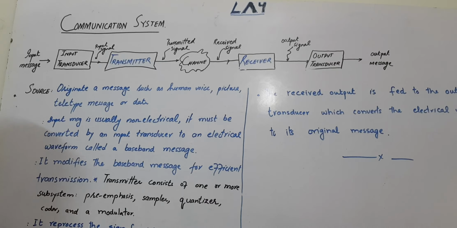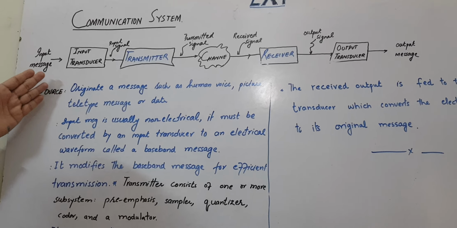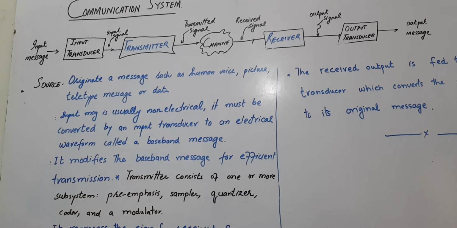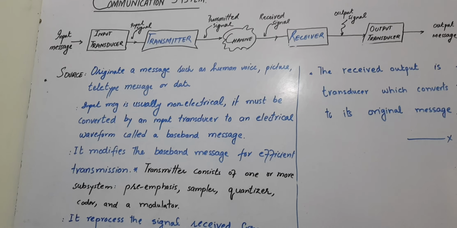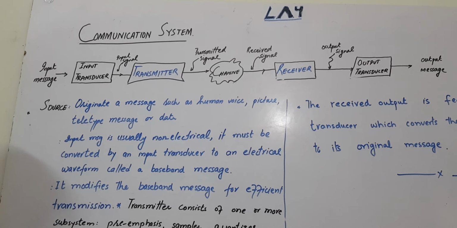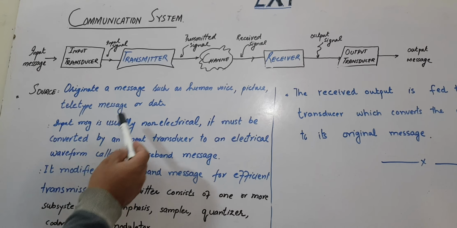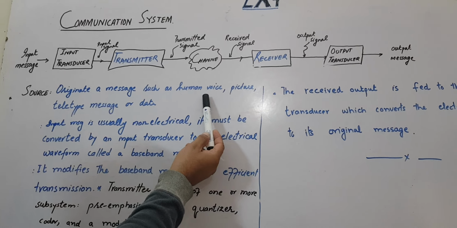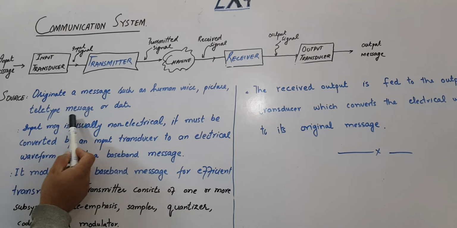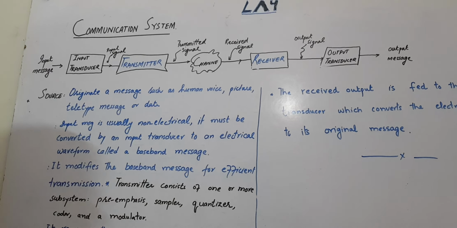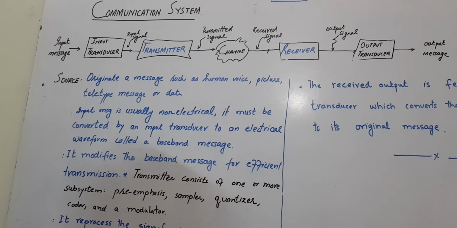We can briefly discuss each block of the communication system. The first one is the source. The source originates a message such as human voice, picture, teletype message or data. These are the different types of input message.